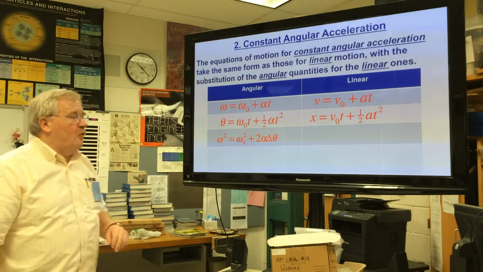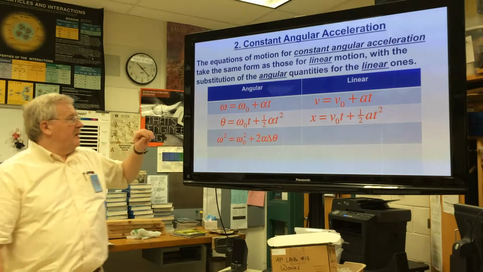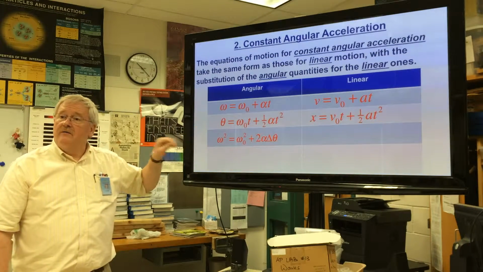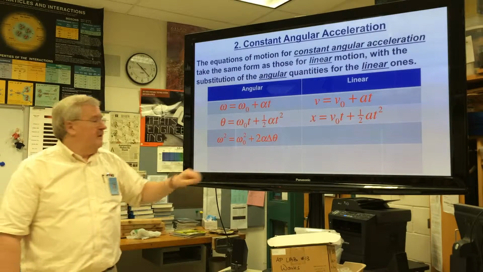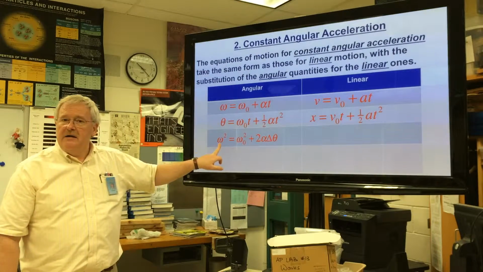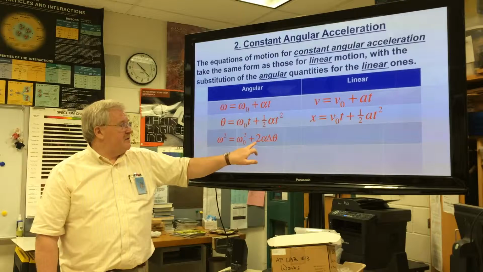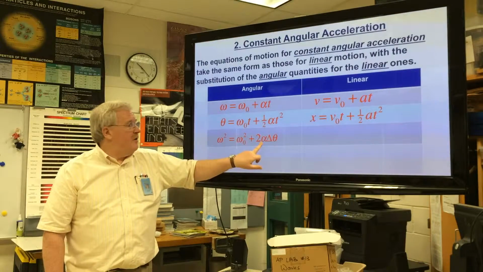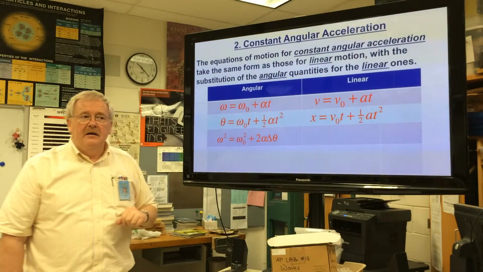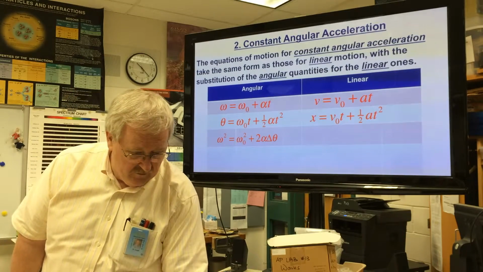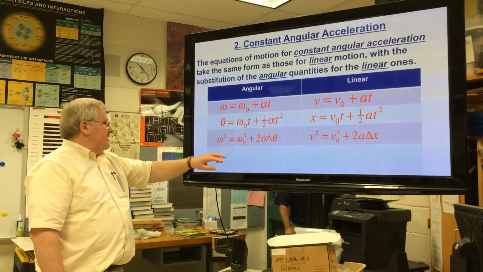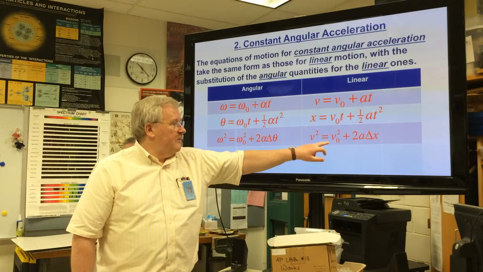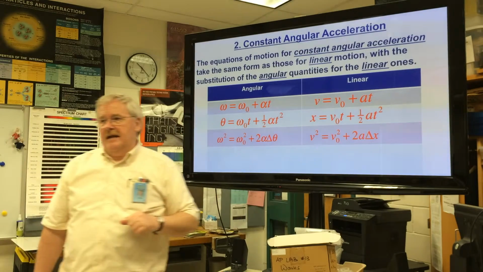And now we look at the form where we've put a couple of these together to get rid of the time variable. What we end up with is omega squared equals omega naught squared plus 2 times the angular acceleration alpha times delta theta, the change in angle. In this particular case, we've got v squared equals v naught squared plus 2a delta x.